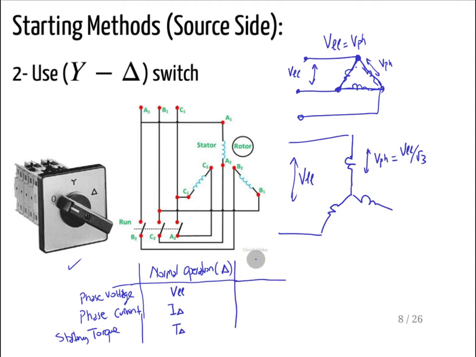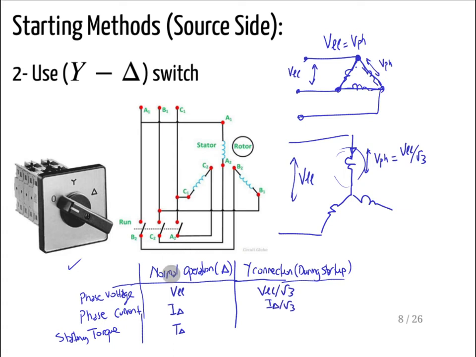However, if you use Y connection just for startup, then instead of the line-to-line voltage, you apply the line-to-line voltage divided by square root 3. If you are applying less voltage, the machine will draw less current compared to the current drawn in the delta connection.